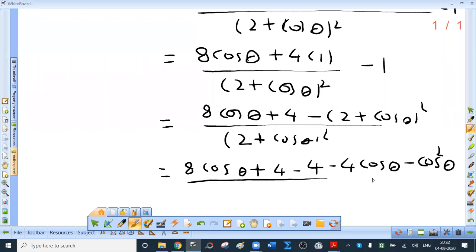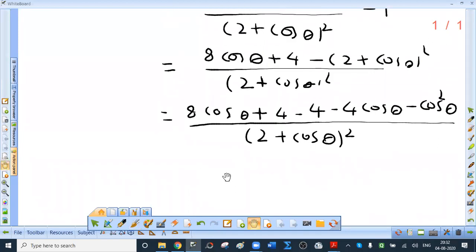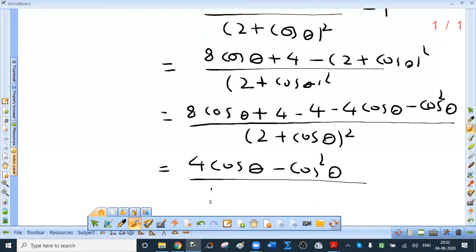What about the denominator? The denominator is 2 plus cos theta square. Now, I think 4 gets cancelled. So what remains is 4 cos theta, 8 minus 4, 4 cos theta minus cos square. So I'll write that. It is 4 cos theta minus cos square theta upon 2 plus cos theta bracket square.